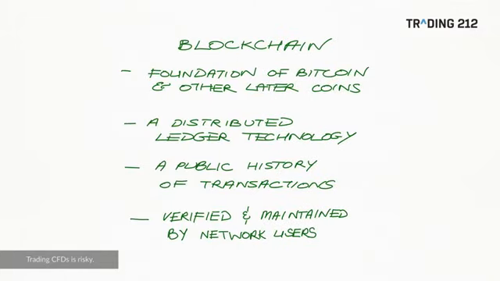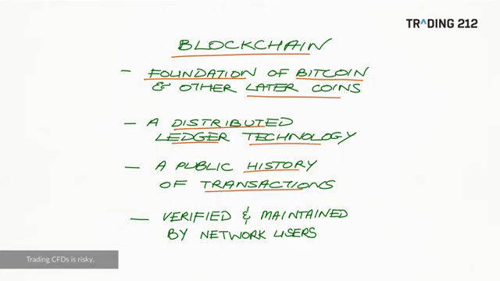So blockchain is the technology that is really the foundation on which Bitcoin is built. It's at the heart of Bitcoin and other cryptocurrencies, other coins that came after Bitcoin. And blockchain is a distributed ledger technology, which means that it is the ledger part. It's a record of transactions, a history of all the transactions that have gone on, who exchanged the tokens, when it happened, and then this information is distributed publicly amongst the users of the network.